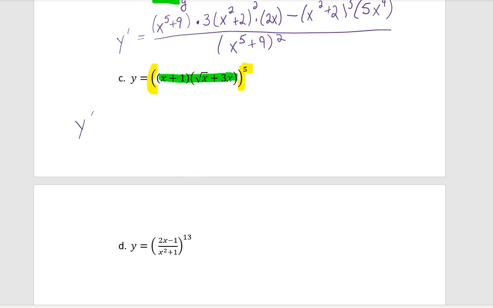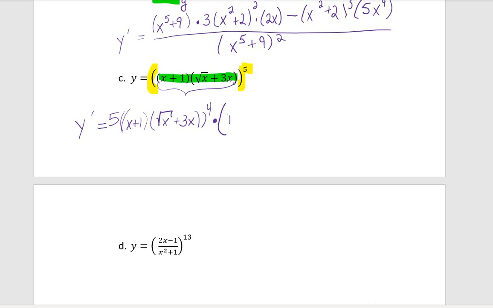So when I take the derivative for y prime, first I'm going to have to use the power rule for the outside, so it'll be 5 times, leave the inside alone, times the derivative of the inside. When I take the derivative of this inside chunk, I'm going to have to use the product rule.